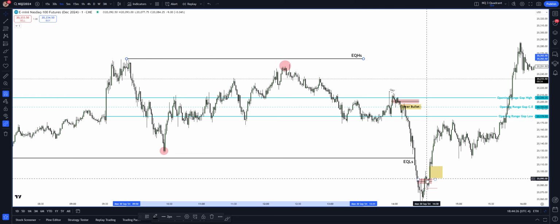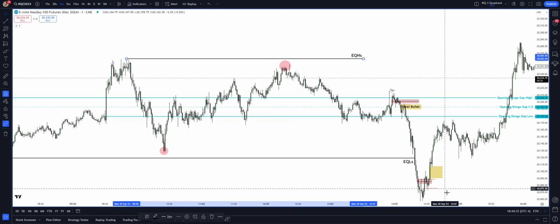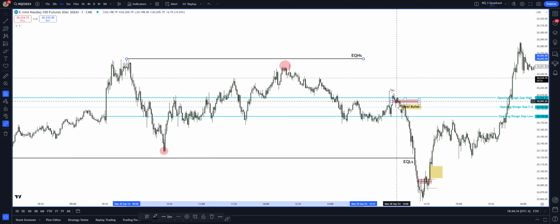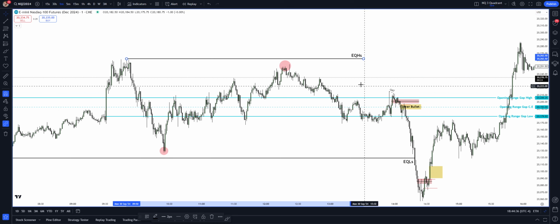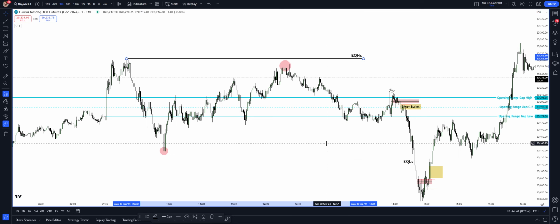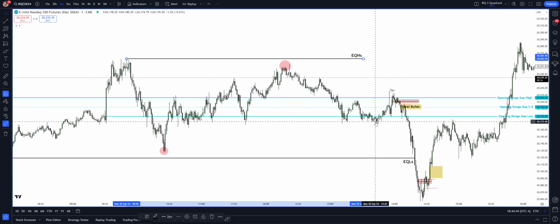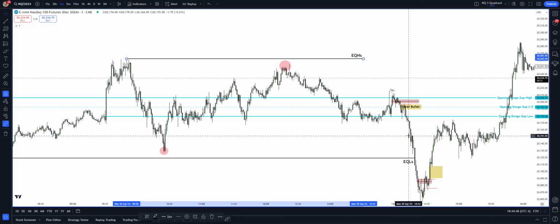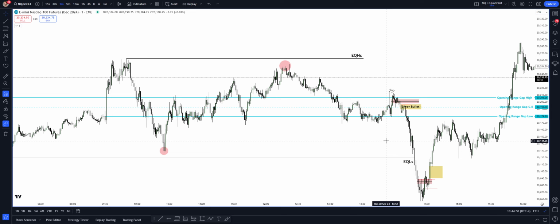The first purge will be the manipulation, and you'll be looking to fade that purge, or you can trade it too if you want to, but ideally you wait for this purge and fade it. It doesn't even matter which side is going to get attacked first. Sometimes you're not going to be able to anticipate that from the order flow. Today it was easy to anticipate because of Powell's speech, but it's not necessarily the case.